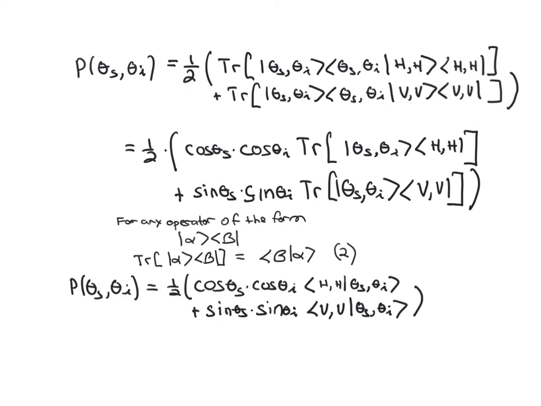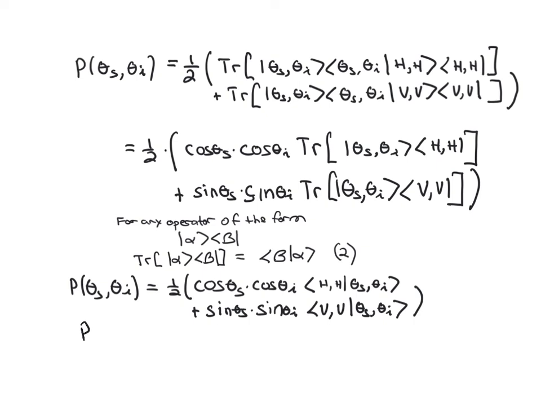And these inner products, again, we know the answers. This first one here is just going to give us another factor of cos theta sub s times cos theta sub I. And this one here is going to give us another factor of sine theta sub s times sine theta sub I. So at the end of the day, what do we got?